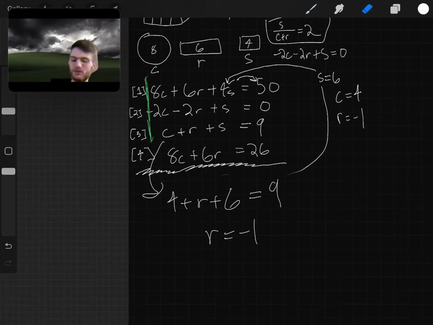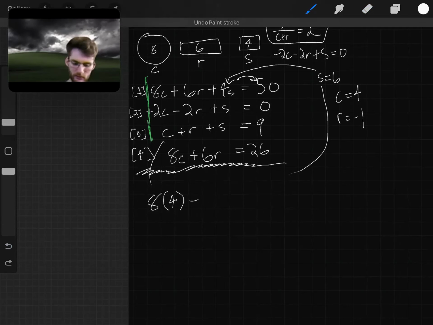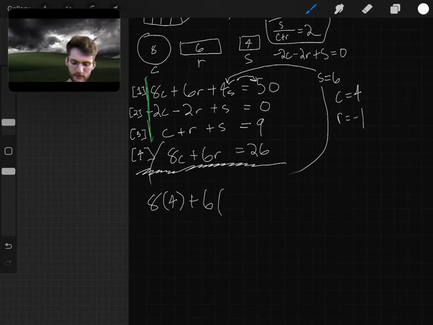Let's just make sure we can double check that everything is correct. So in equation 1, you have 8 times 4 plus 6 times -1... Oh, wait, let me just write it all out. 8 times 4 plus 6 times -1 plus 4 times 6 equals 50.